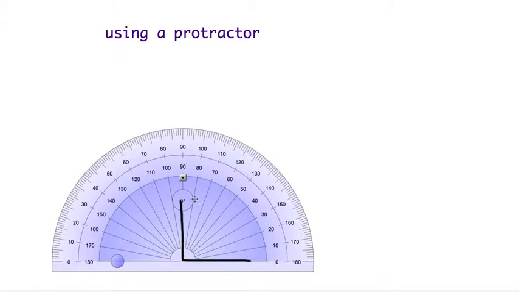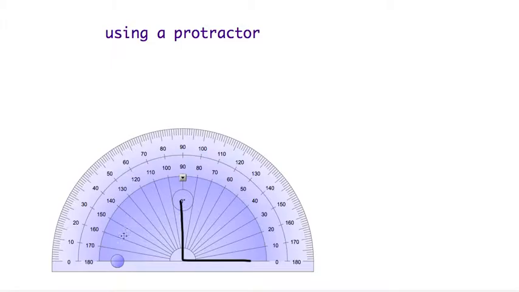So I will be using the inside track of numbers. Now you can see both directions have a 90 on the outside and a 90 on the inside. That's because an angle that is 90 degrees goes straight up and down from the base of our protractor.